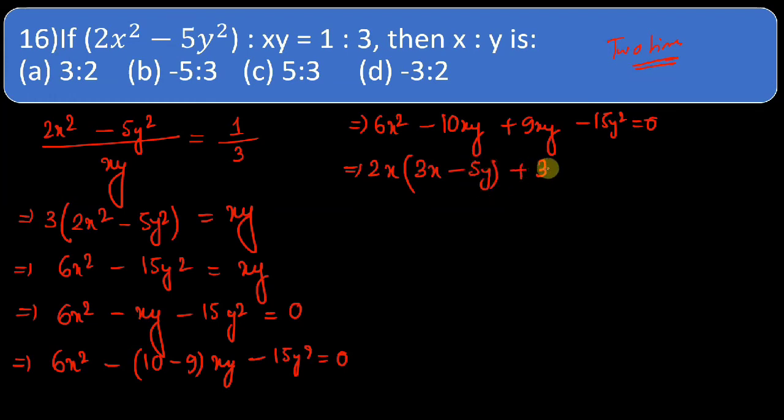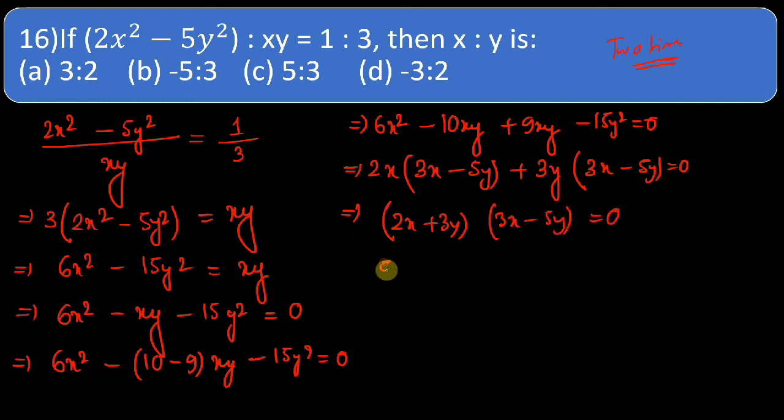From here we take 3y common, we get 3x minus 5y equals to 0. From here we get the two roots of the equation, that is 2x plus 3y is the first and 3x minus 5y is the second. So either we can say that 2x plus 3y is equal to 0, or we can say that 3x minus 5y equals to 0.